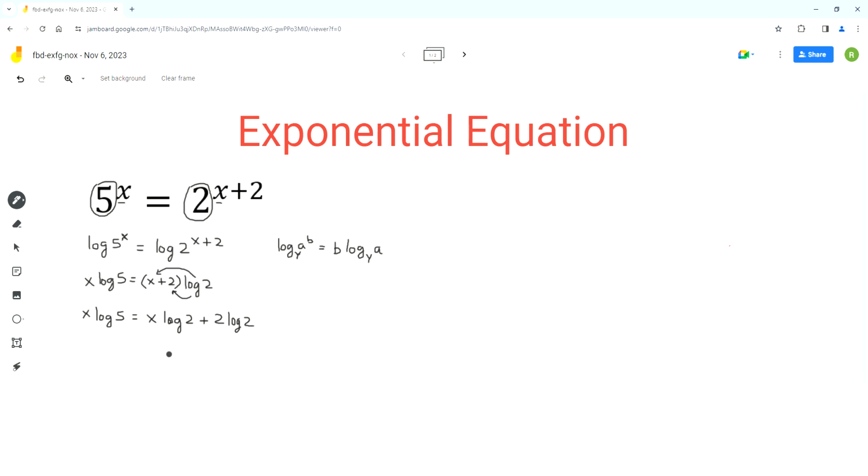Now we can move all the x terms to the left side of the equation, so we subtract x log 2 from both sides. As a result, the x log 2's on the right side cancel each other out. So we are left with x log 5 minus x log 2 equals 2 log 2.